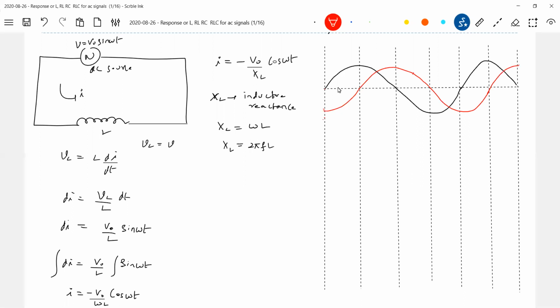So this is the current and this is the voltage. Look at it now: the current lags the voltage. So I'll give a name. I'll call this a lag circuit, and the RC circuit is called a lead circuit.